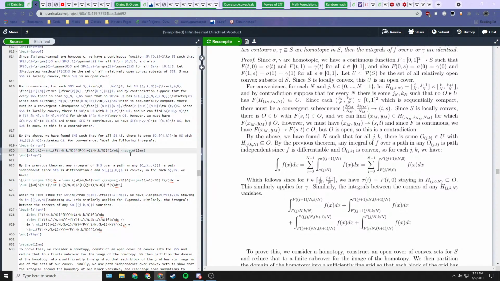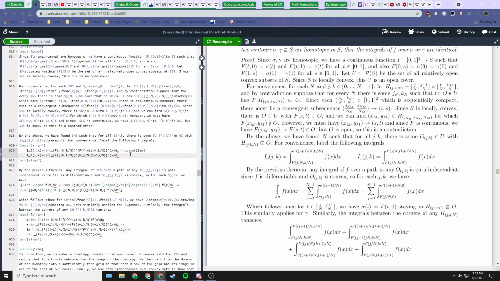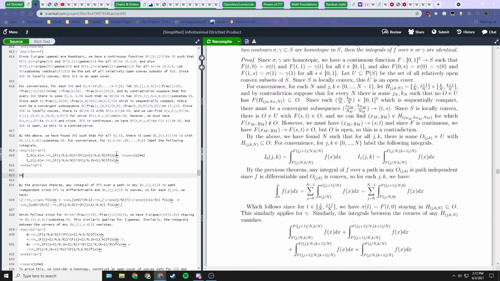And of course this is f of x dx, for jk in 0 to n, because we want the edges as well. Okay, so that's that.